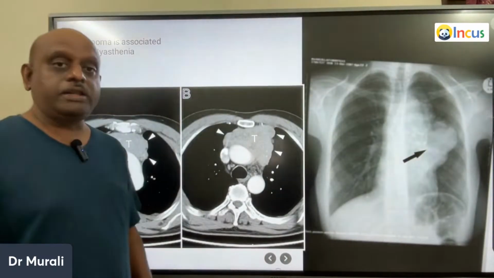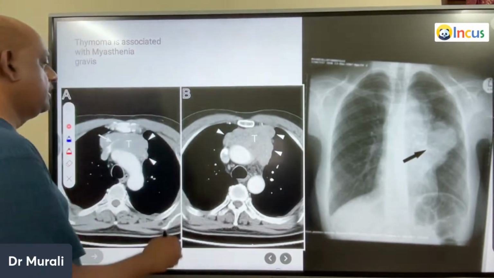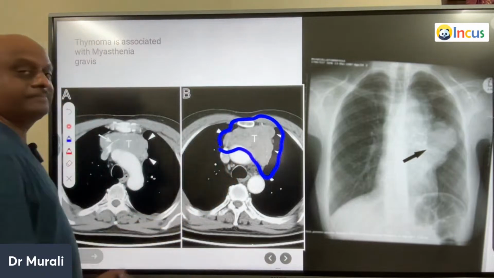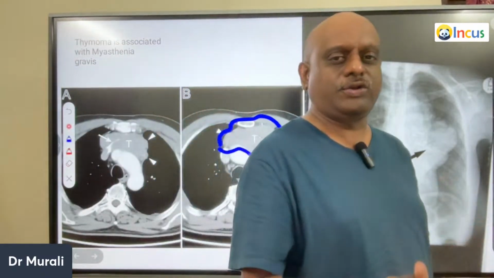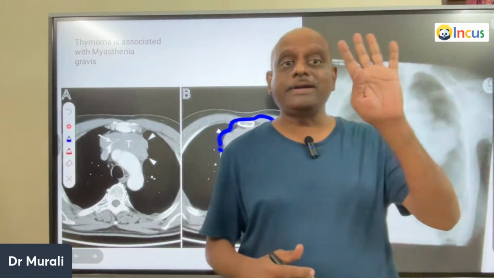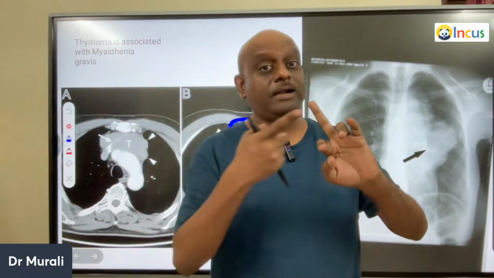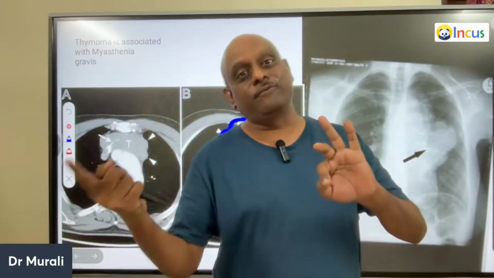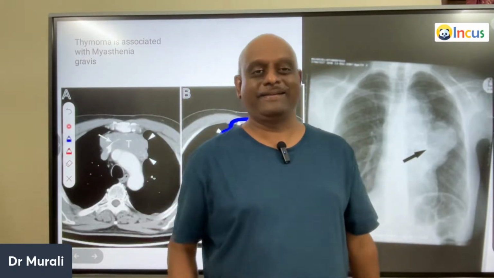Now, what are the 4 anterior mediastinal tumors, doctor? You can see this is all the anterior mediastinum. So what are the anterior mediastinal tumors? 4 T's you need to remember. T for thymoma, T for teratoma, T for terrible lymphoma, T for retrosternal thyroid.